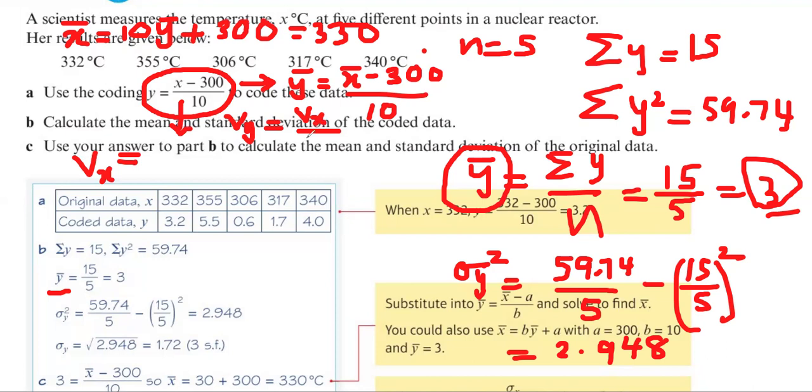Because for variance, you have to put the constant squared, but minus 300 does not affect it. That's the equation. Therefore, you want to make Vx the subject. Vx equals how much? You can multiply that.